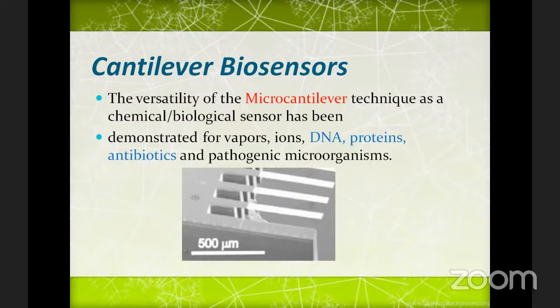This can be useful for chemical and biological sensing applications, for DNA detection, proteins, antibodies, and the growth of microorganisms. These cantilever-based biosensors have a cantilever beam that is shown in the image, and the microorganisms are allowed to grow on the cantilever.